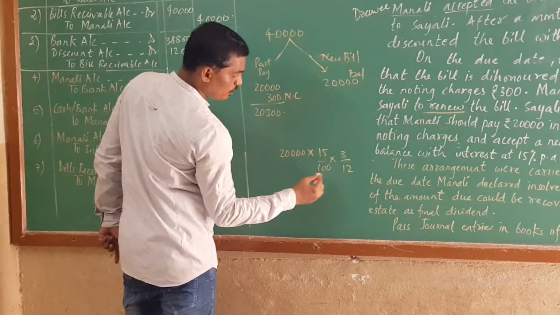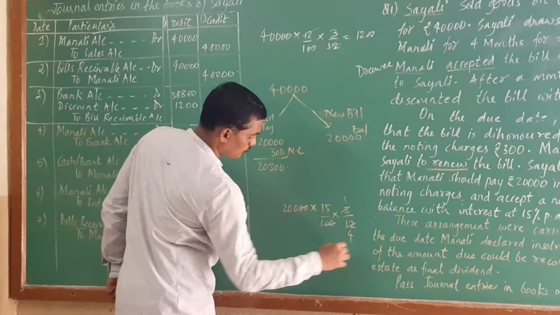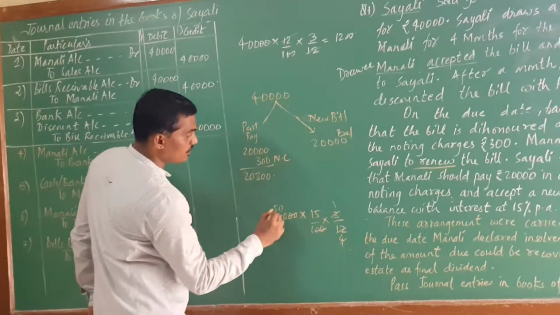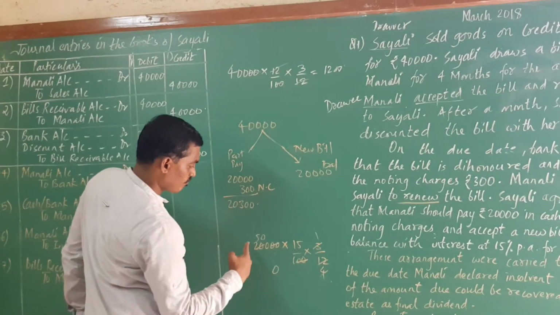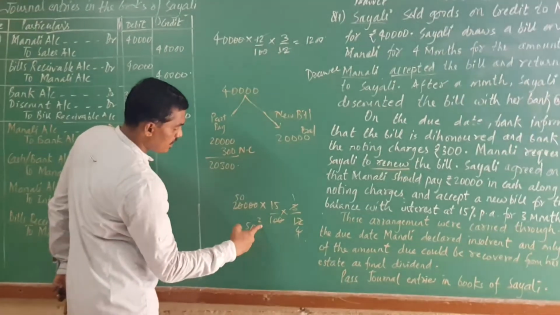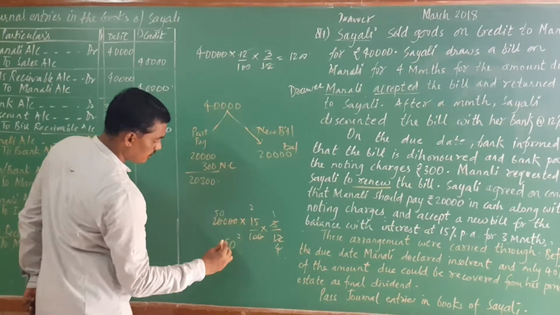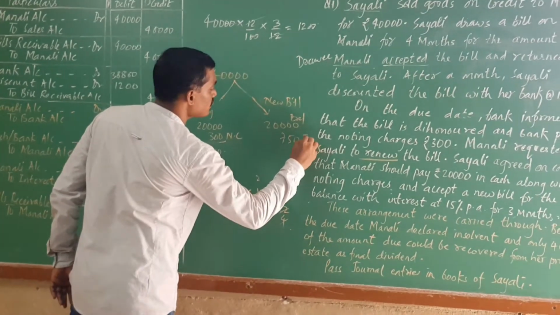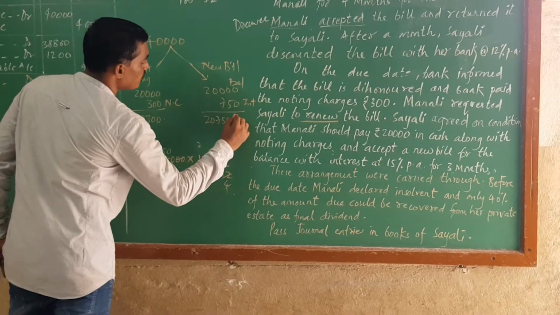So here also we have to calculate the amount. 4 5s are 20, 50 multiplied by 15. 5 5s are 25, 2 carry, 5 under 5 and 2 is 7, so 750 is the interest, and the new bill is 20,750.